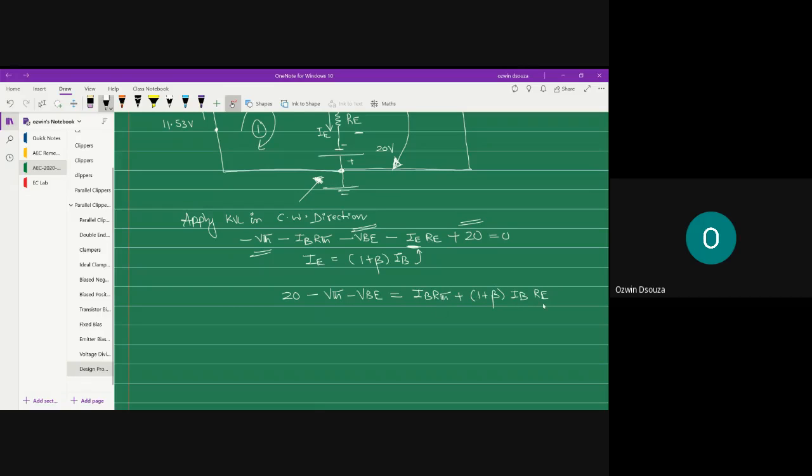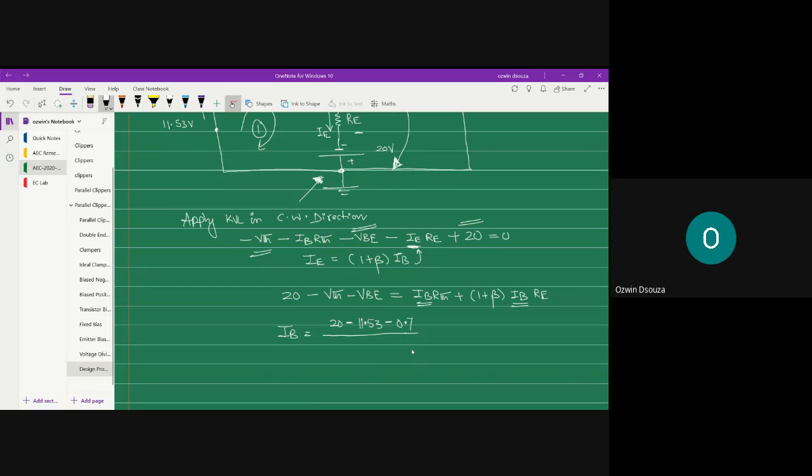You can take IB outside the bracket, and if you divide, you will get IB equal to 20 minus VTH. How much did you get? VTH as 11.53. So let me write it here, 11.53 minus VBE. For a silicon transistor, it is 0.7 volt.